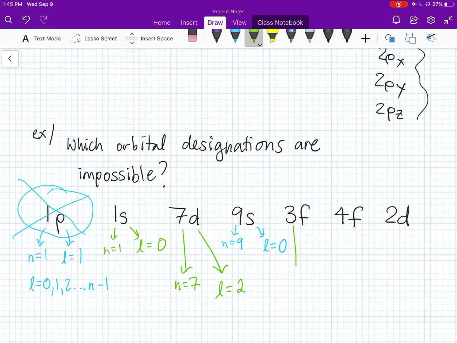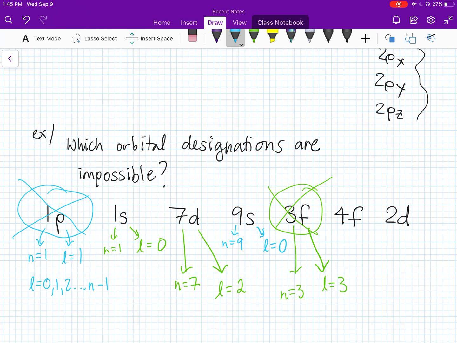For 3f, n equals 3. f is L equals 3. Once again, for the same reason that 1p was impossible, this is not possible, because if n equals 3, the highest value L can take is 2. So 3f is not legitimate.